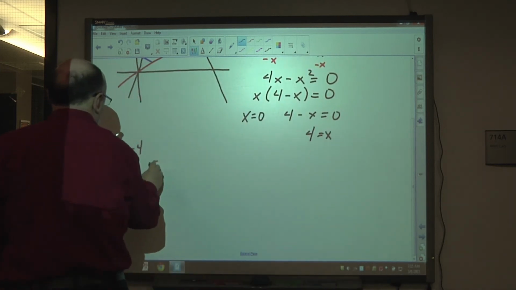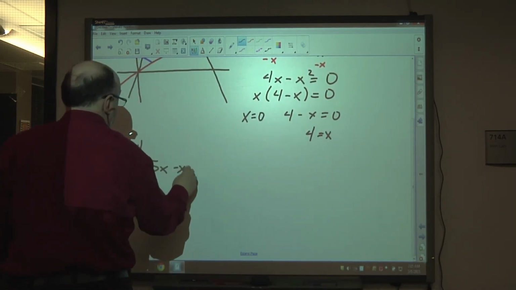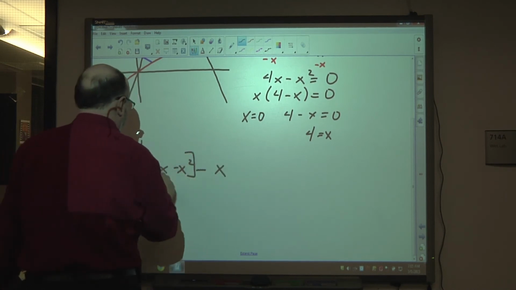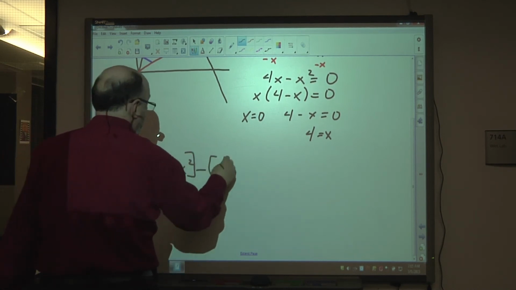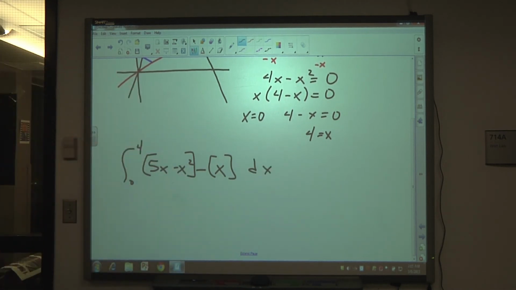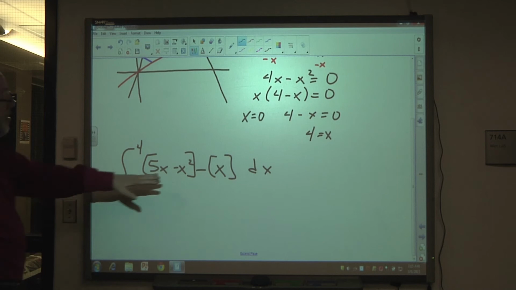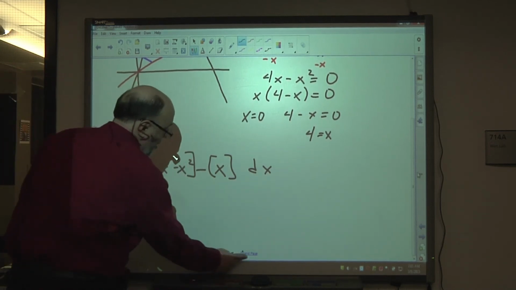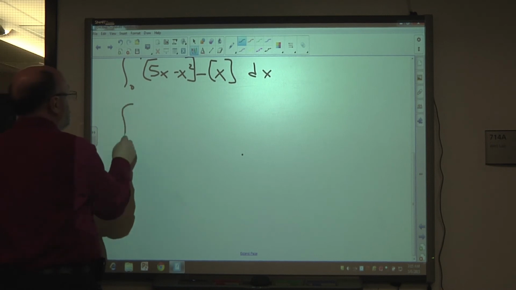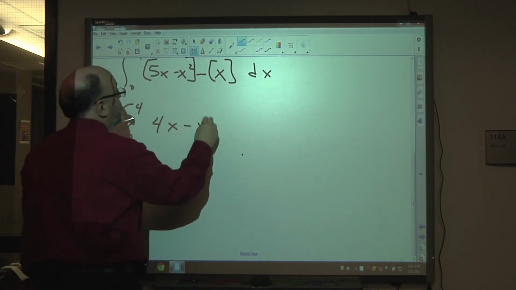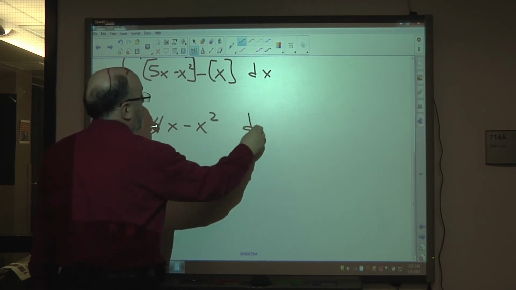So it's going to be the first equation minus the second equation. Right? So we end up with that. But before we integrate, we can do any math that we can do to simplify this. So we'll have the integral from 0 to 4 of 4x minus x squared dx.